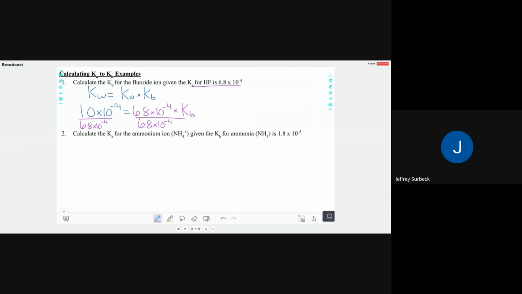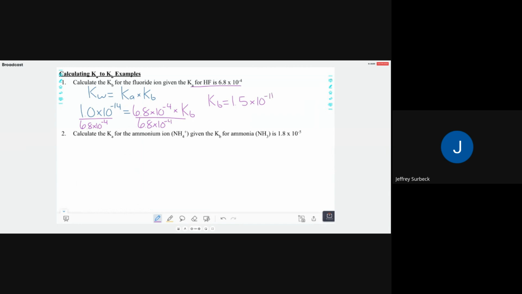We had two significant digits here, so our Kb ends up being 1.5 by the time we round, 1.5 times 10 to the negative 11th.